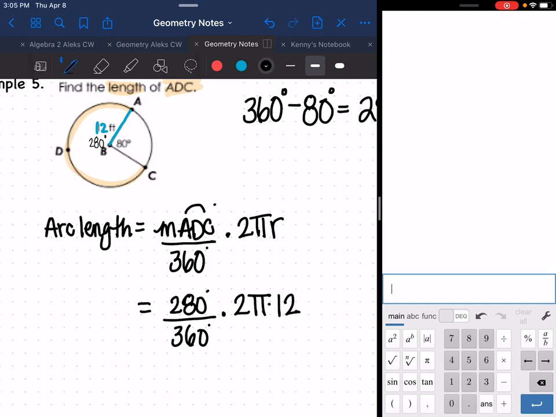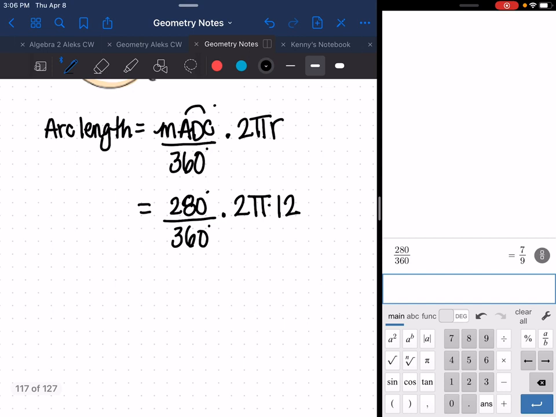All right, what's going in my calculator? Well, I'm going to put in my calculator 280 over 360. There we go, 7 over 9. Now I'm also going to multiply 2 times 12. 2 times 12 is 24.